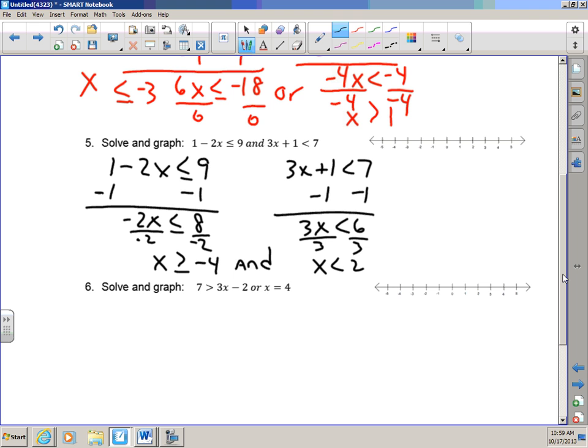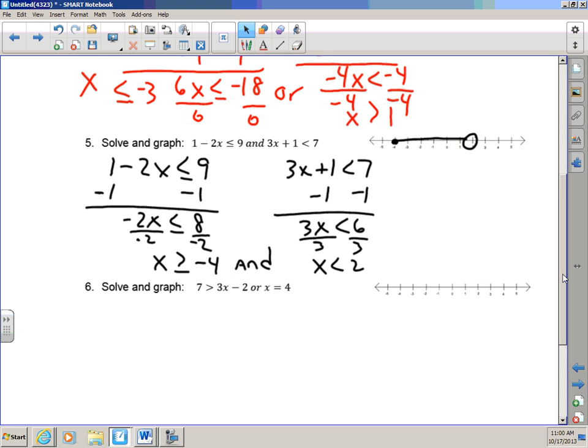And again, what you should be getting in the habit of looking for is if it's an and, you are looking for an overlap. And if it's an or, you're looking for no overlap. That's not always the case, but most of the time that is true.